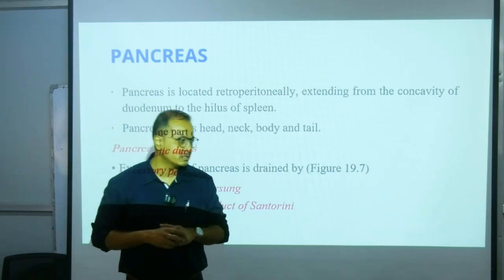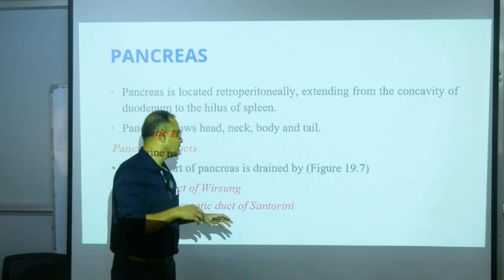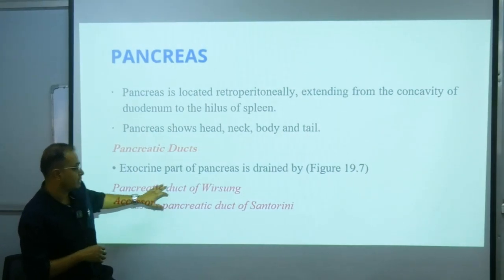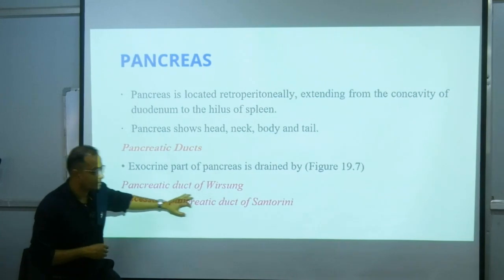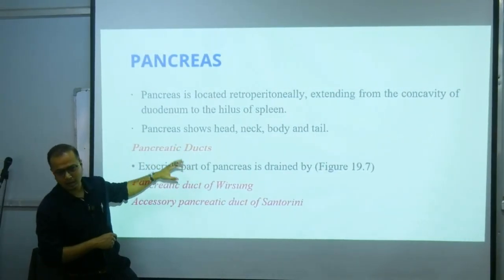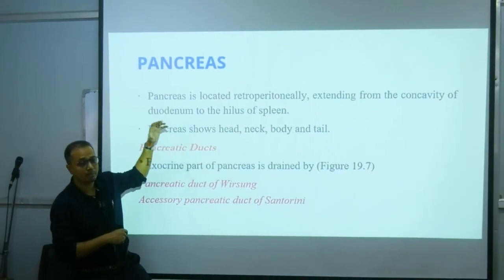These two kinds of duct system pierce and collect all the exocrine enzymes. We call them the pancreatic duct of Wirsung and the accessory pancreatic duct of Santorini. These carry the exocrine juices coming from the pancreas.